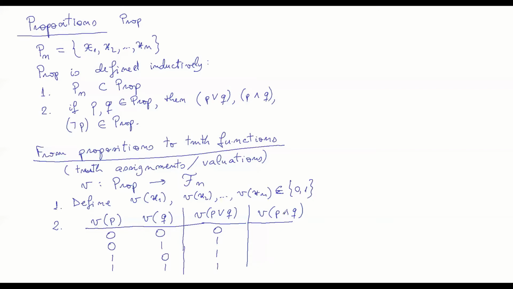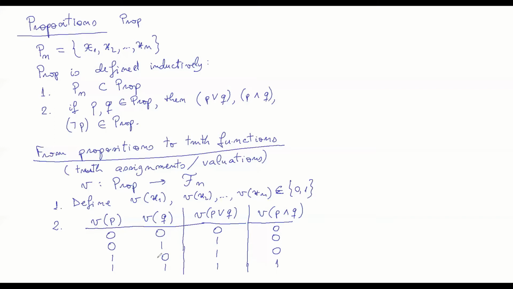With a similar intuition, the valuation we give for the conjunction is 0 in these three cases, because at least one of them is 0 or false, and it's 1 in this last case, because they are both equal to 1.